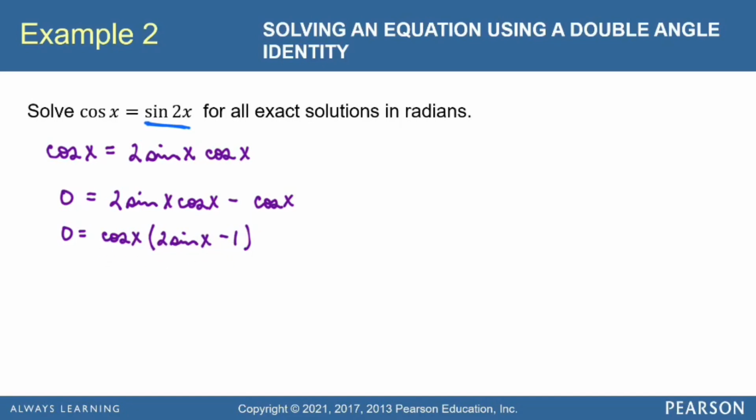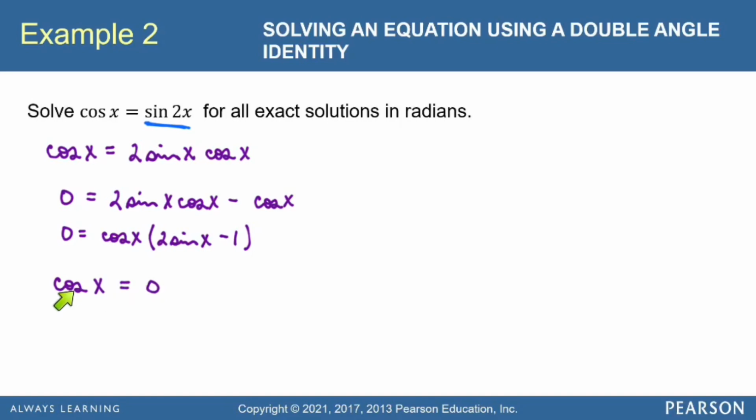You can see that if I were to distribute cosine x through this parentheses, I would get this expression back. So this factoring is correct. And now I can say, since this factor times this one equals 0, one of them must be 0. So first let's take the cosine x equals 0.